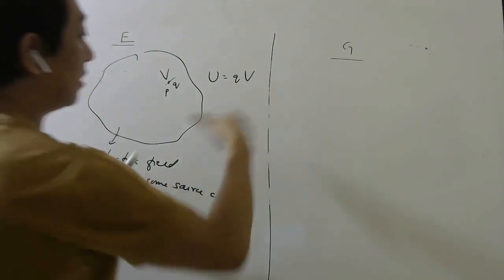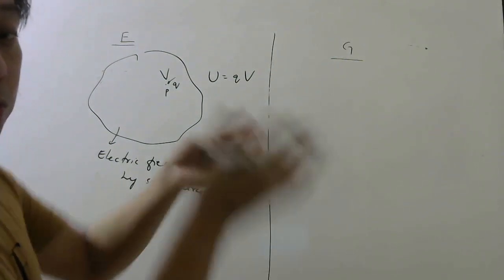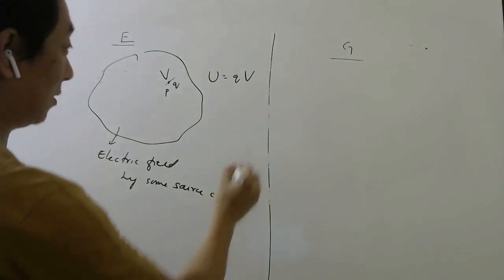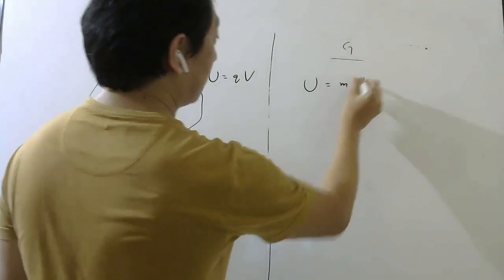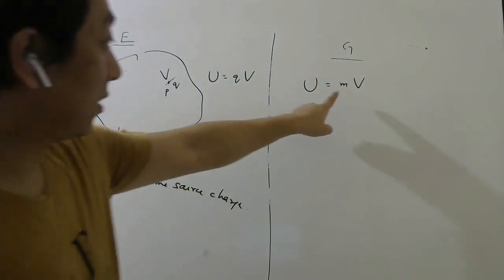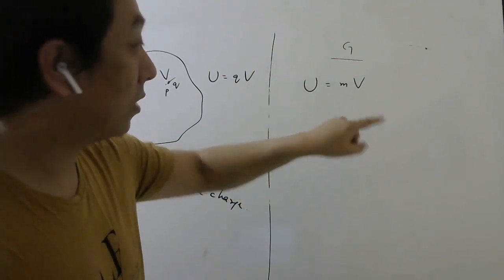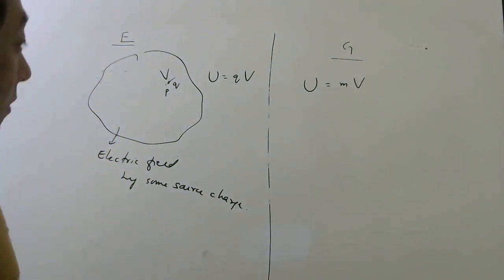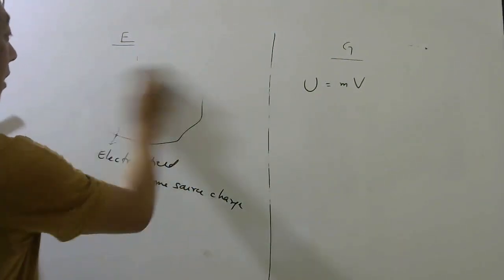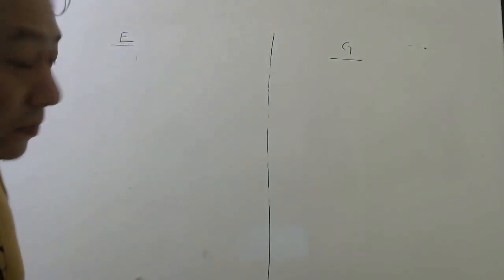So similarly here, if there is a region where there is a gravitational field due to some source mass, then gravitational potential energy will be m into V. So this is the gravitational potential energy of some mass m at a point where the gravitational potential is V. So having understood this, let us now find formulas for potential.